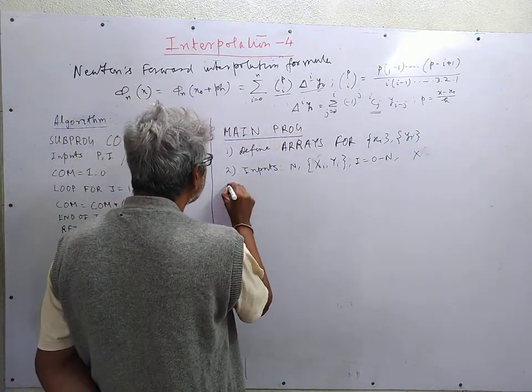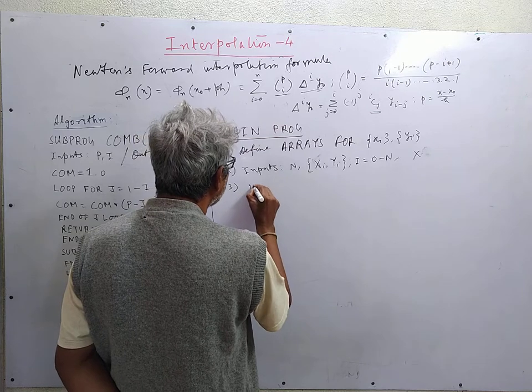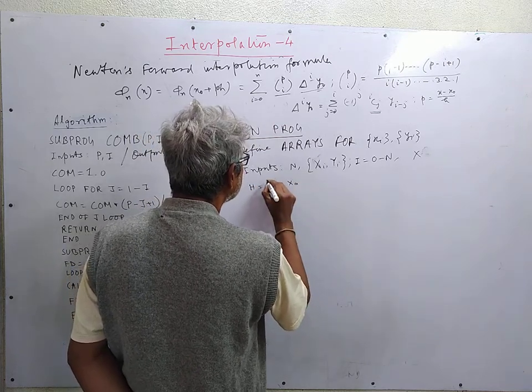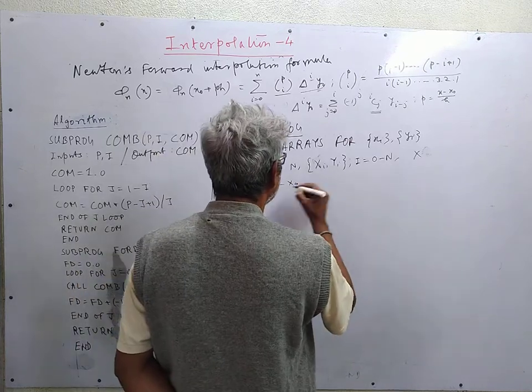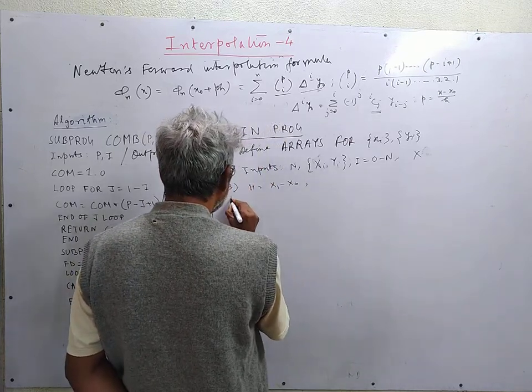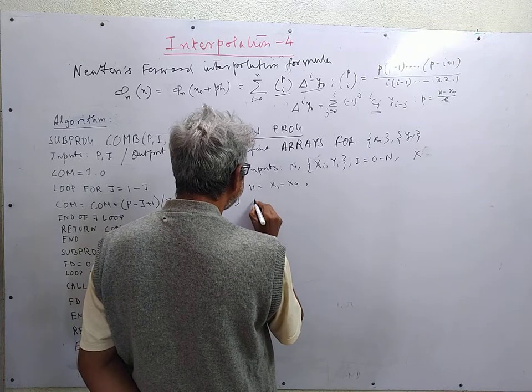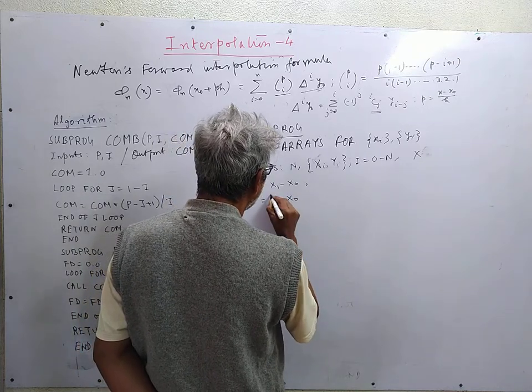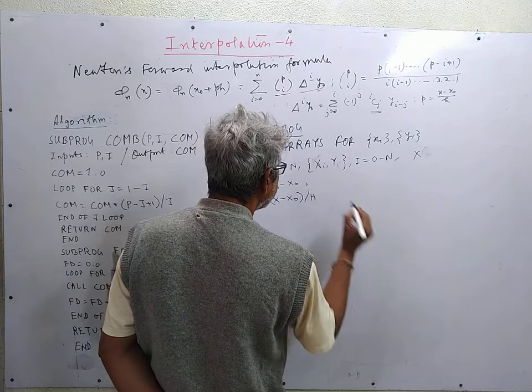Then we calculate h. First we calculate h is equal to x1 minus x0. Then we calculate p: x minus x0 by h is p.